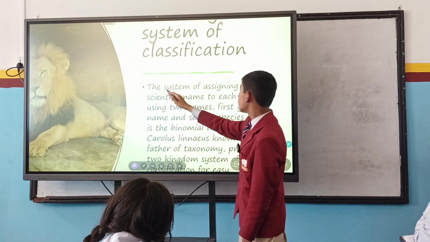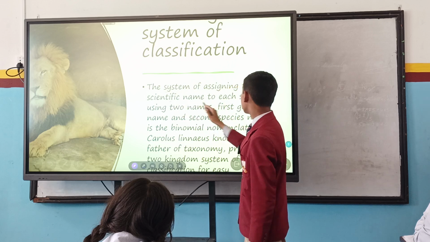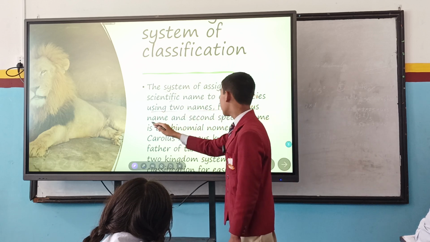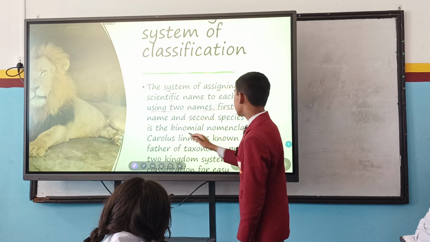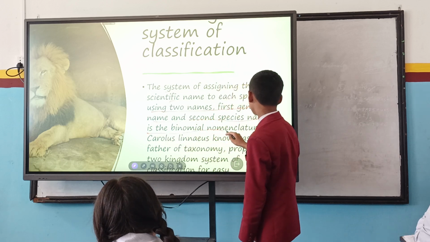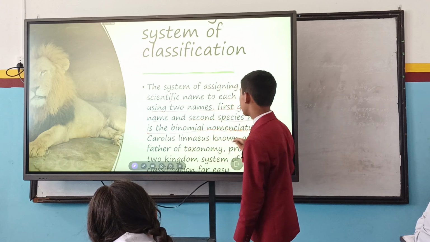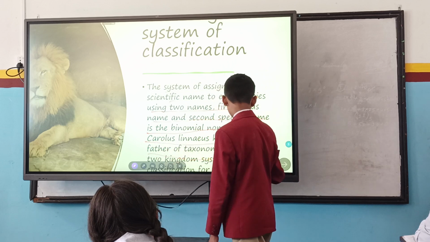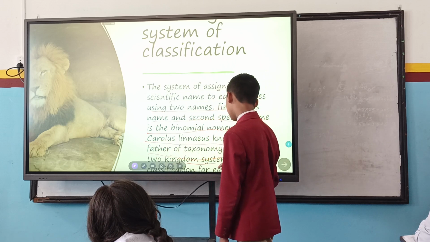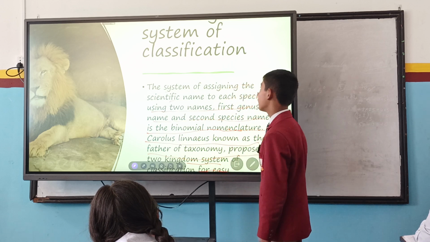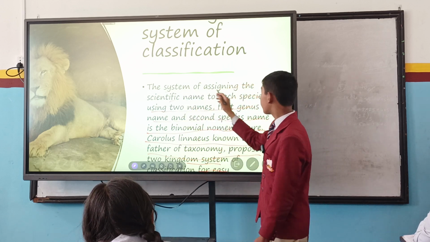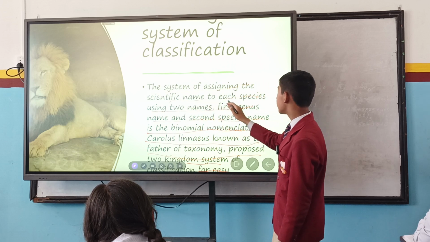Okay. The system of assigning the scientific name to each species using two names, first the genus name and second the species name, is the binomial nomenclature. Carolus Linnaeus, known as the father of taxonomy, proposed the two kingdom system of classification for an easy way. It wants to say that, as I said before, the system of assigning the scientific name to each species.